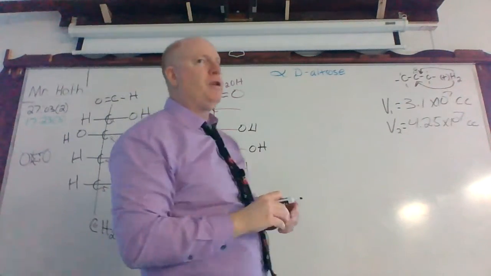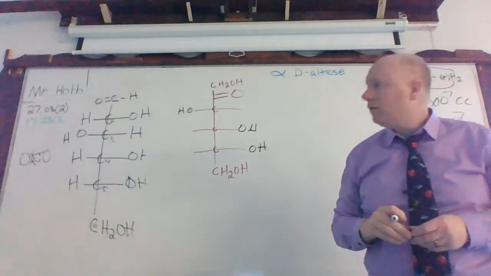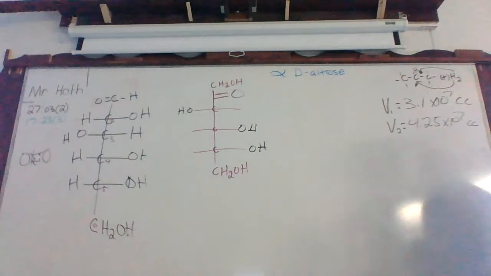This is what we call fructose. As you can see, fructose is still a 6-carbon sugar, but what's so tricky about it is it's only a 5-sided structure.